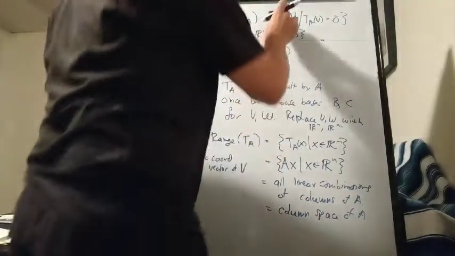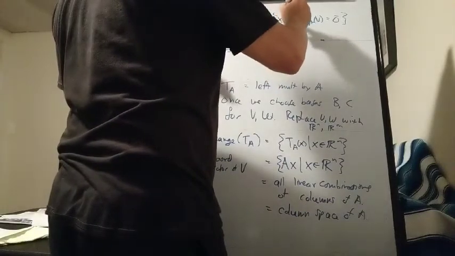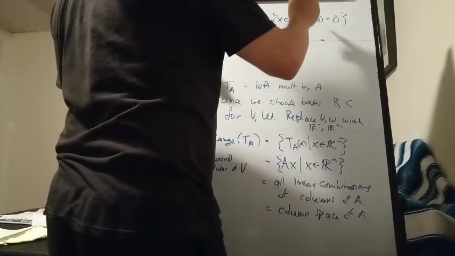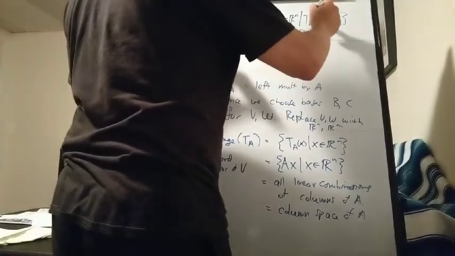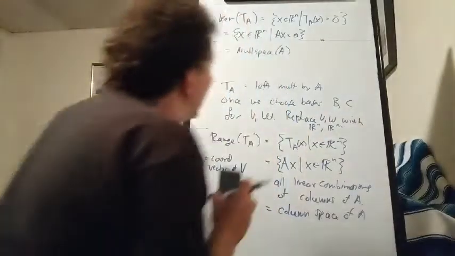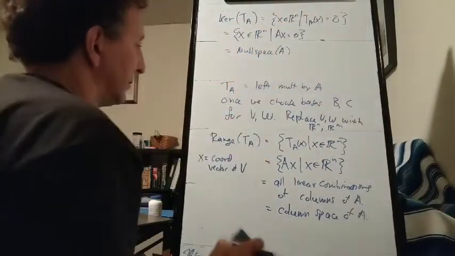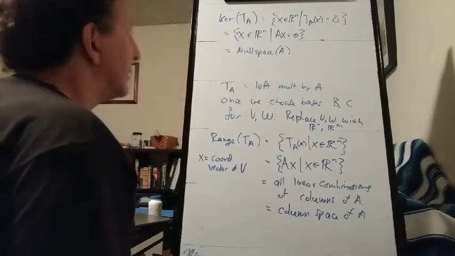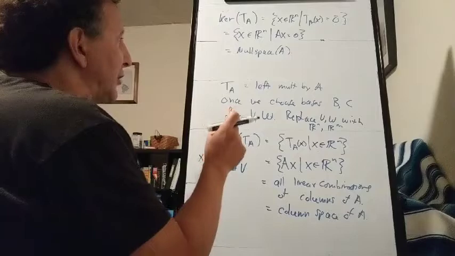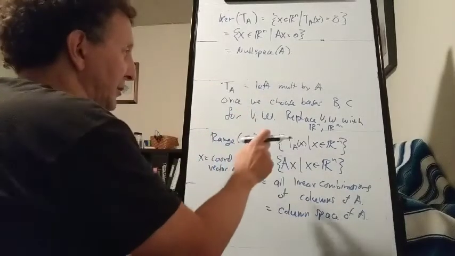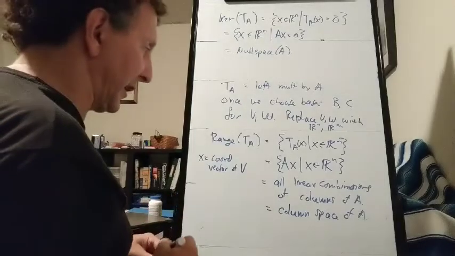So I really want this to be the set of all x in R^n such that T_A of x is 0. And then that's all the x in R^n such that Ax is 0. So when I switch from the linear transformation T to T_A, then I really should be switching to the coordinate vector of the original vector that we were thinking of.